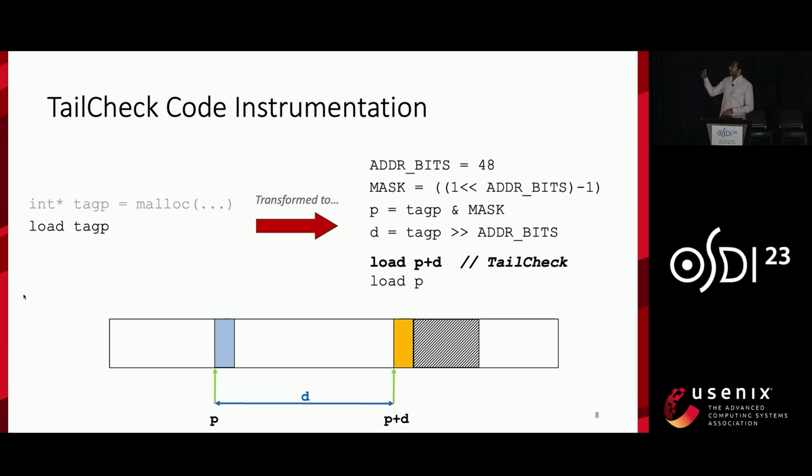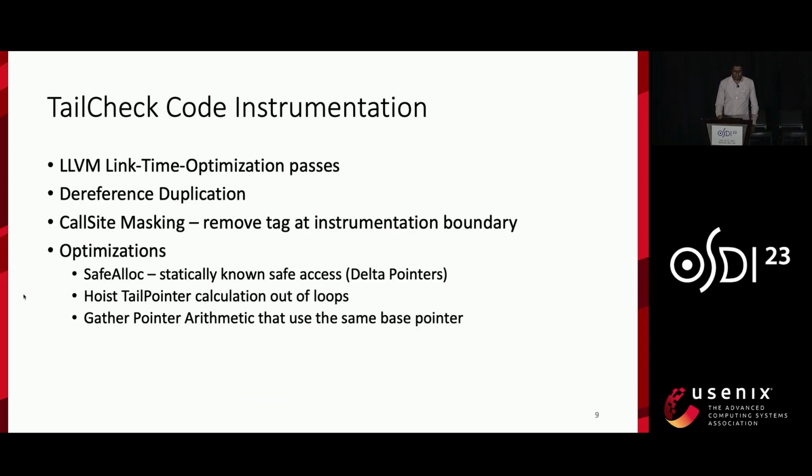We then add an additional dereference, in this case load p plus d, where p is the pointer to the object and d is the distance to the tail object. So thereby we replicate the memory dereference on the tail object. We use LLVM link time optimization passes as our means of providing instrumentation.